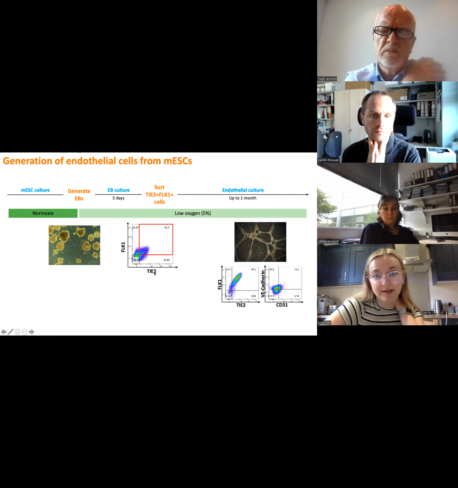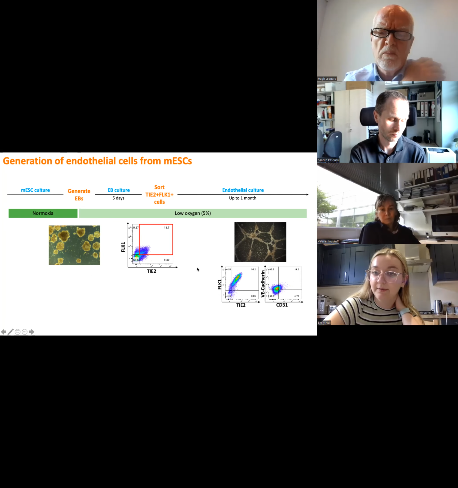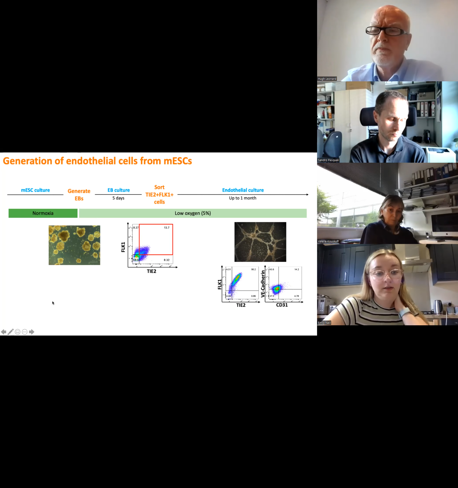This represents an endothelial progenitor population, which I can sort out, replate, and after around a week or so, you get endothelial cells, which you can keep in culture for a while and do various different assays with. This shows that they can form tubes in Matrigel, and this is some flow cytometry analysis showing the expression of a few endothelial markers.